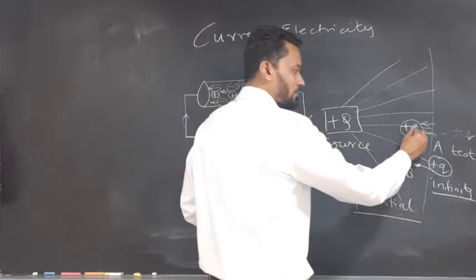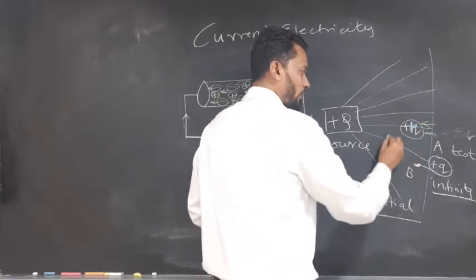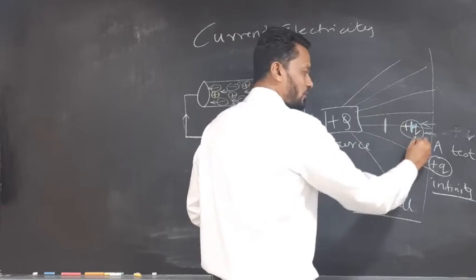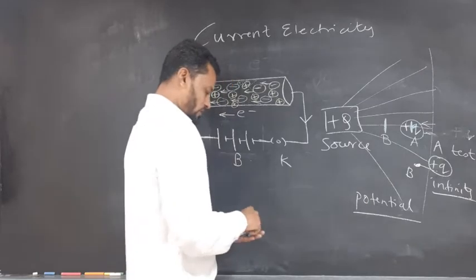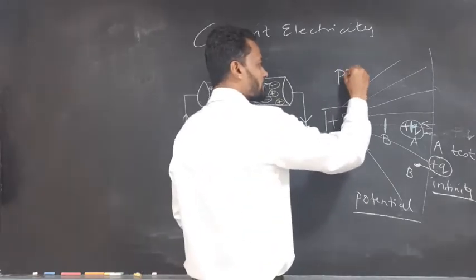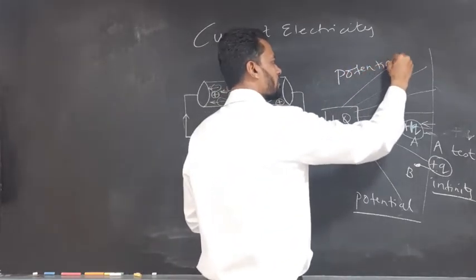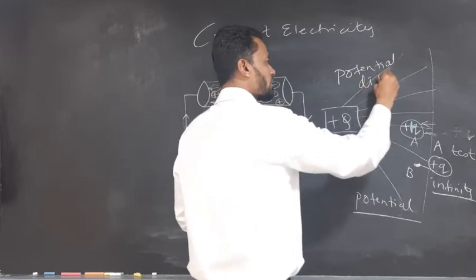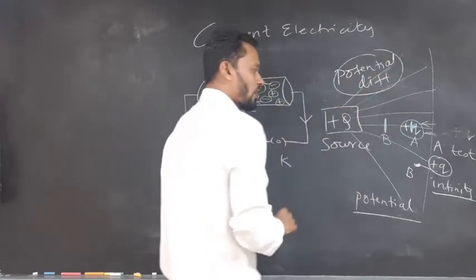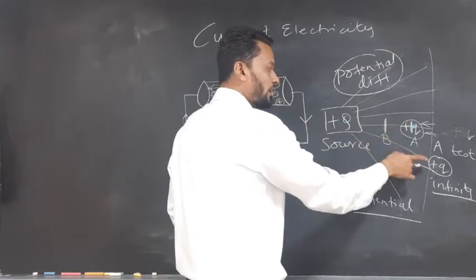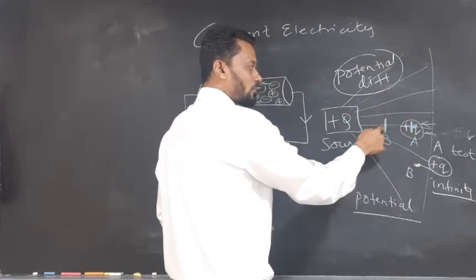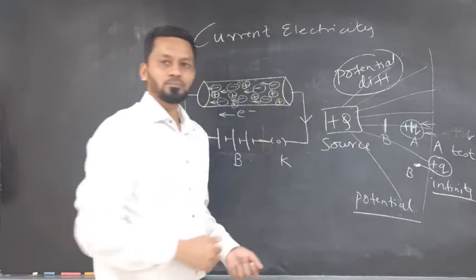Since we are bringing this particular charge from one point to the other, let's say from point A to point B, in such a case we say this is a potential difference. So potential difference means the work done on a test charge to bring it from one point to another point in the field.